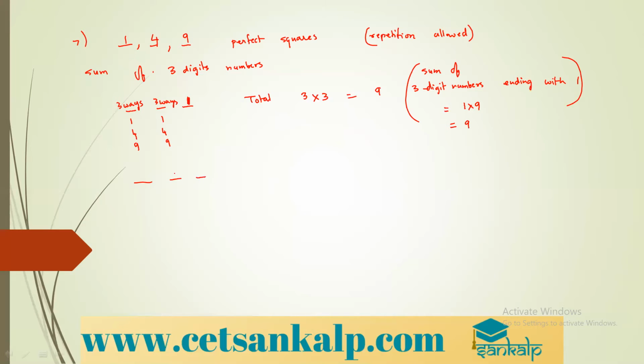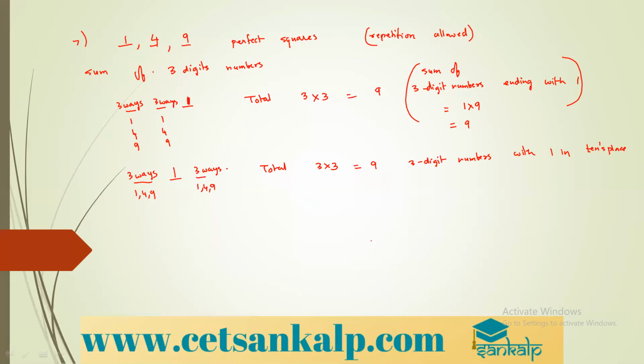Similarly, if I take 1 in tens place, the first place I can use 1 or 4 or 9, 3 ways to fill up. The last place I can use 1 or 4 or 9, again 3 ways. So total how many numbers can I make? 3 into 3, 9 3-digit numbers with 1 in tens place.